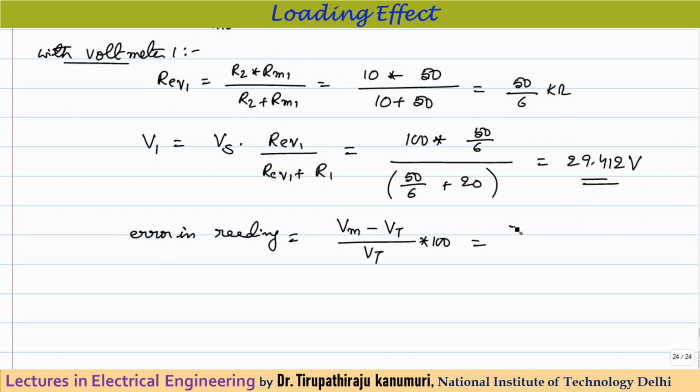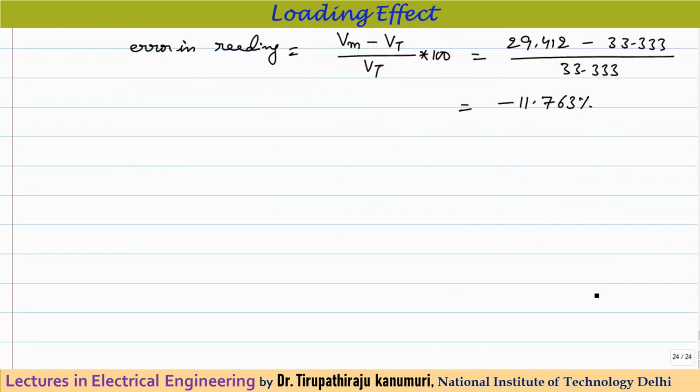So I can write, what is the voltage that is measured? 29.412 minus true value, 33.333, we have already calculated, divided by 33.333, because this is my actual value, but because of the instrument that voltage is changed, it is measuring only 29.412. So if you calculate it, you will get it as 11.763 percentage.